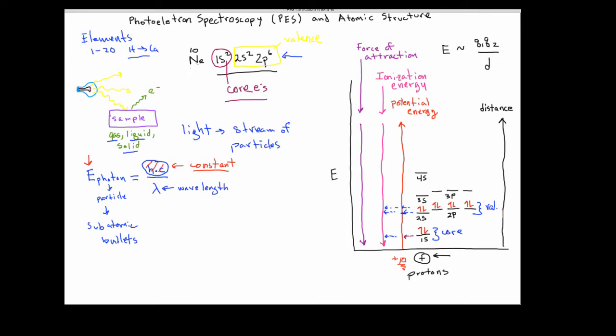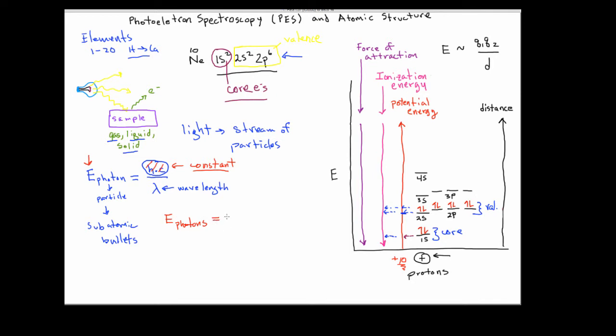If we were to introduce neon into a PES instrument and then shoot a stream of photons into this collection of gas particles, all made of neon, how can we use that to understand the electronic structure of this element? What you need to understand about this instrument is that it knows intimately what the energy of the photons being introduced into the sample is.